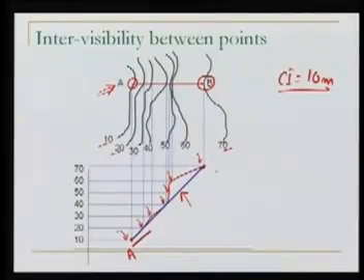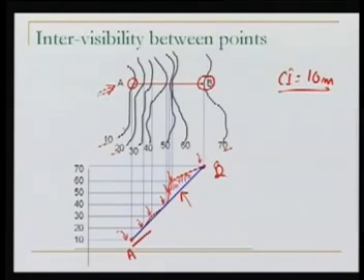So, the point A and point B will not be intervisible because our line of sight is inside the ground. The ground is here. So, what can we conclude? We can conclude they are not intervisible.